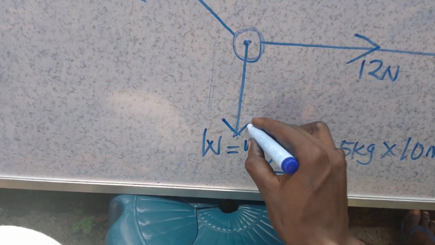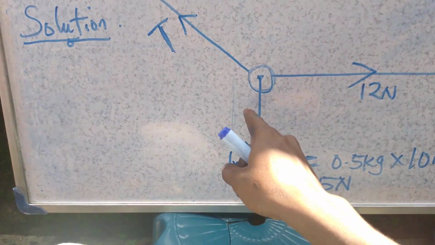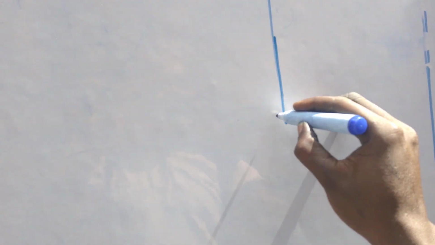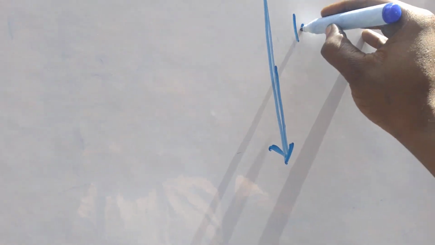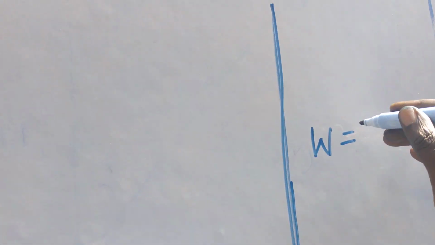Using the triangle of forces, first I take the vertical force, and it will act this way, vertically downwards, which is the weight. We have the weight as 5 Newton.